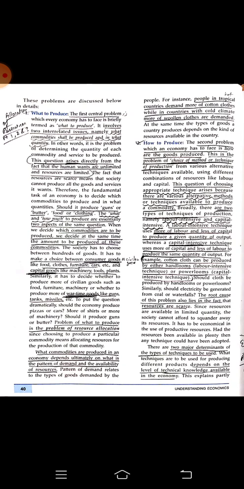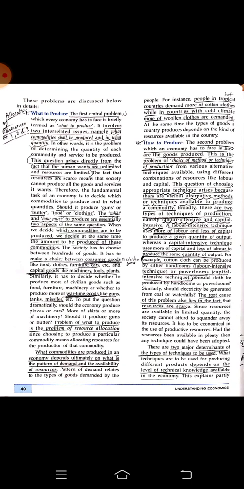Okay, two major determinants of the type of technique used. What technique is to be used to produce different products depends on the level of technological knowledge available in the economy. So in order to decide what kind of technique to follow, they have to have the technical knowledge, that is very important, and availability of different types of resources.